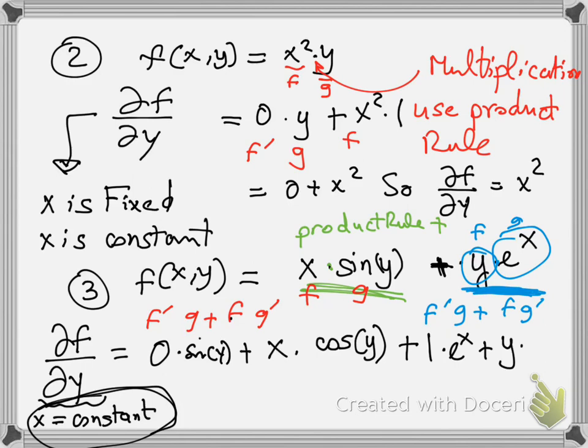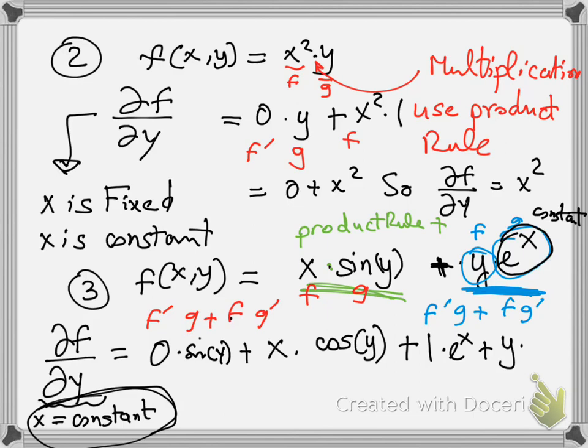Now remember guys, x is a constant. If x is a constant, then e to the constant is also a constant. For example, if x is 2, then you have e squared, which is a constant. So e to the x is a constant, and the derivative of a constant is 0.